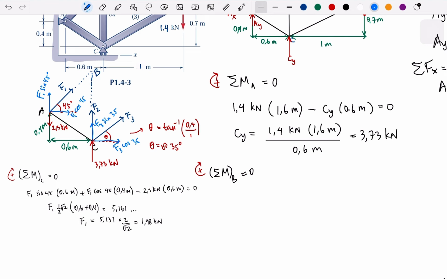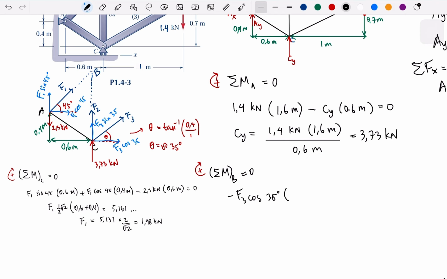Oh, I forgot, we still have the 2.3 that we can also take for B. So this will be, let me write here, F3 cosine 35. That will be a negative, right?